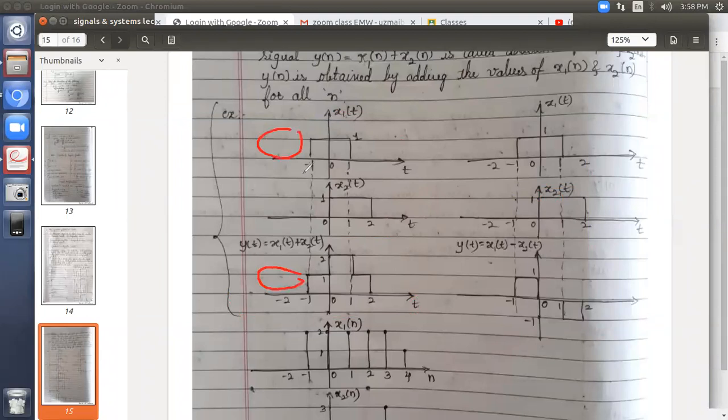This is 0 before -1. Here also it is 0. Let me take only the first signal. First signal range is before -1. Here no value. It is 0. This is also 0. So 0 plus 0 you will get 0. Hence before -1 you don't have any amplitude. Nothing is there, only 0.